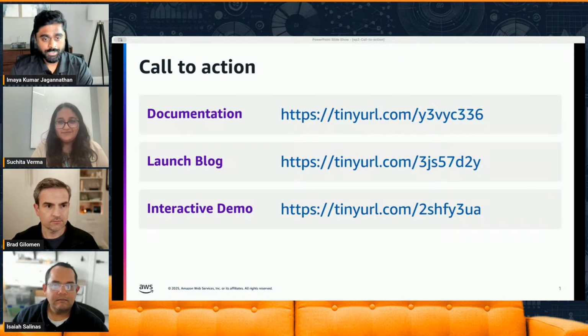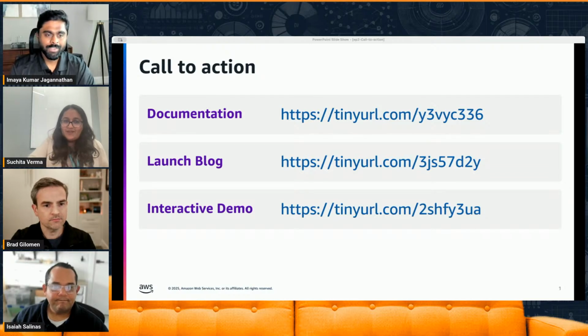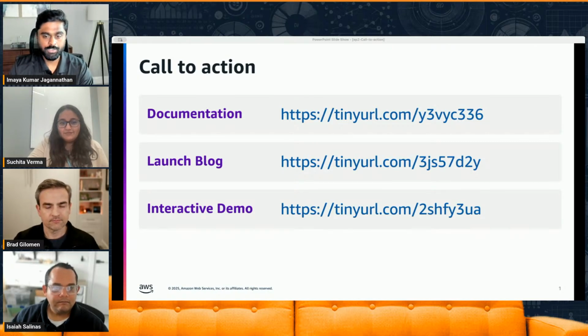And moreover, the other most interesting thing is that Isaiah put together a really nice interactive demo, and it's not a video, or a long article or text that you have to read through, but you can actually click on that link and experience firsthand everything that Isaiah showed today, right? You can go see what to click where and how to set up this feature to make use of it.